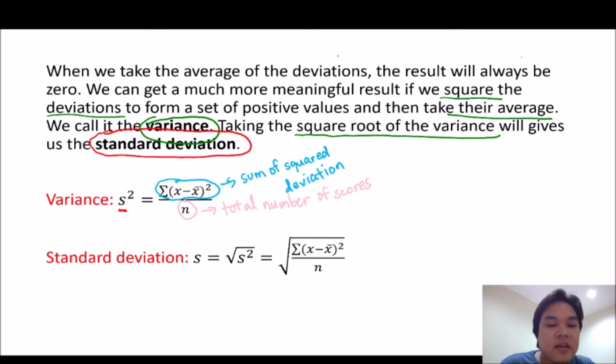To get the standard deviation, given by s, you just take the square root of the variance. So that is the square root of the summation of x minus x bar squared all over n.